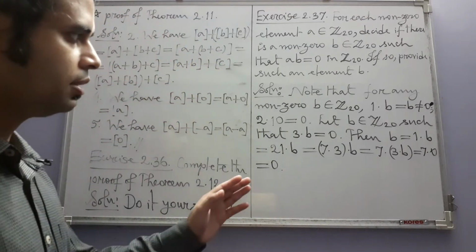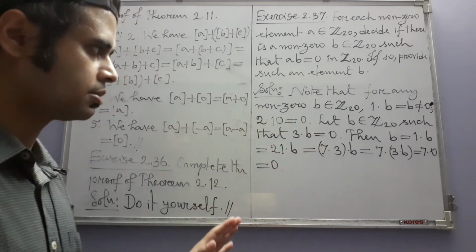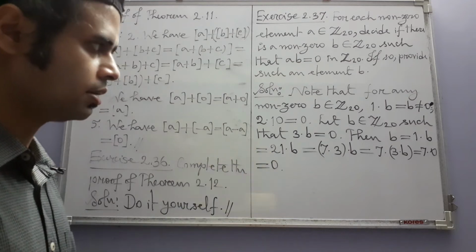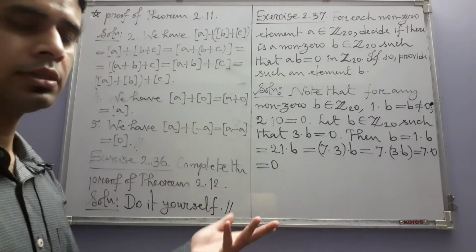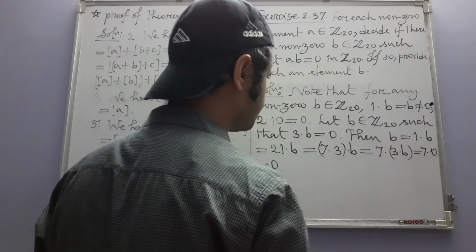So if 3b is 0, then b must be equal to 0. We cannot find a non-zero b for which 3b is 0. So for 3 there is no such b. That's what this whole thing means.